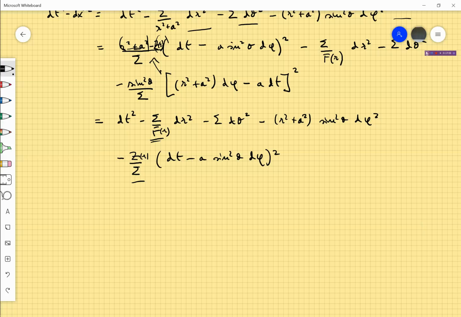So you could try that, and as a trial for your program in Maxima, for instance, you can plug in this metric and impose that the Ricci tensor vanishes.